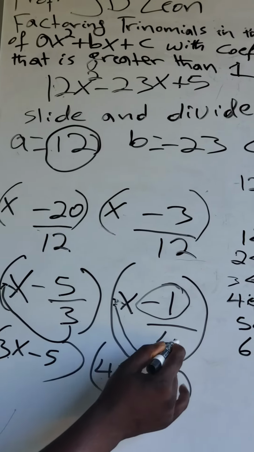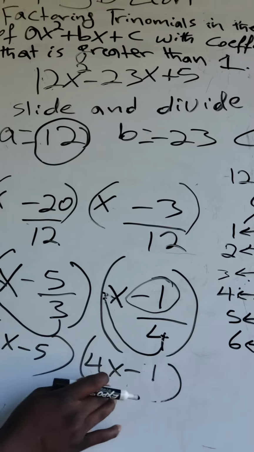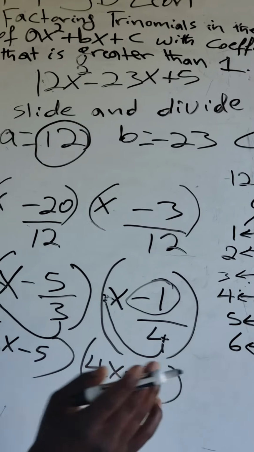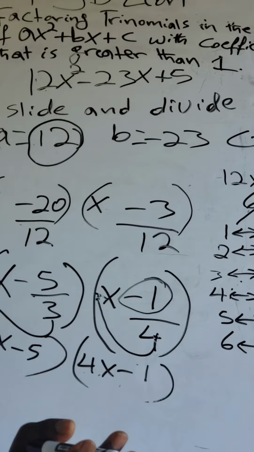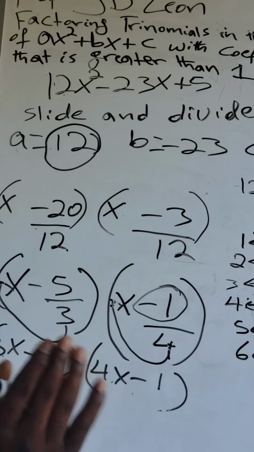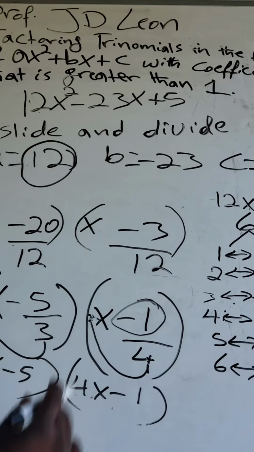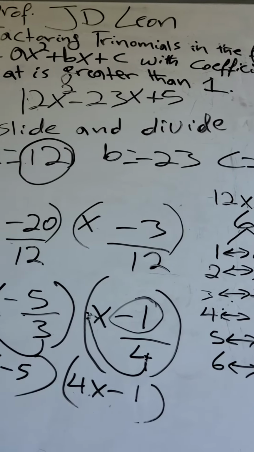So the 4 that was in the denominator comes up here, and it was supposed to be 4x minus 1, not 4x minus 4, which is what you had in the last video. I caught it a little bit too late, but that was the only thing, and that was the correction for that.